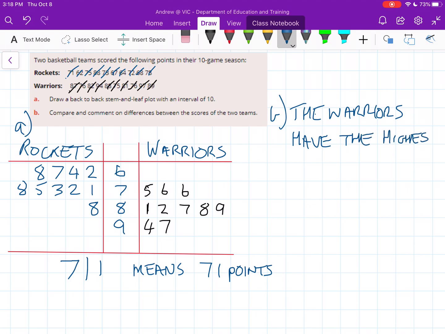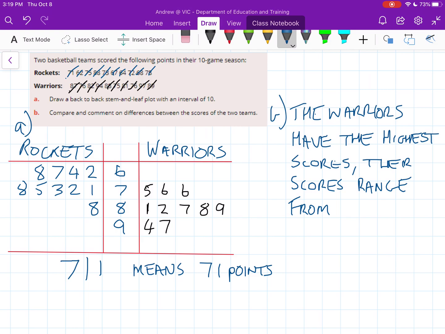So they've got the highest scores, and their scores range from 75 to 97.